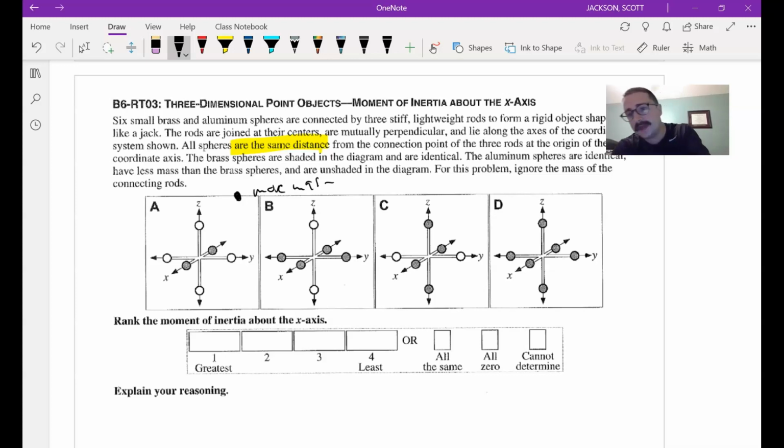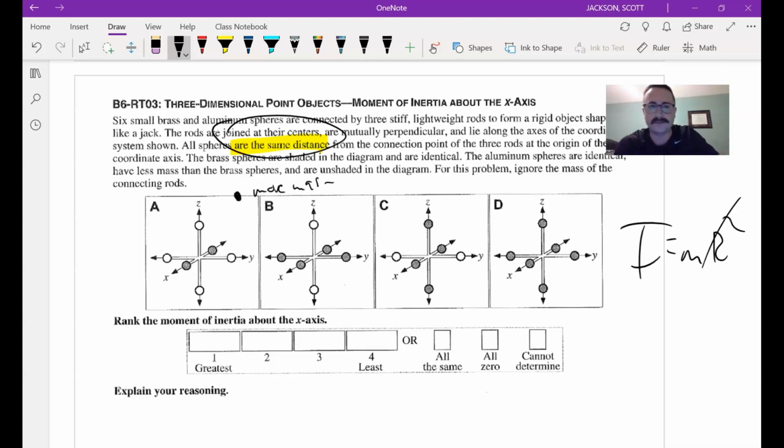So all that matters is the mass and how far it is from the axis of rotation. I know they're all the same distance, so I don't need to really focus on that. All I need to think about is which ones have more mass. And so here, this one has 1, 2, 3, 4 of the lighter shaded, so it has less mass.